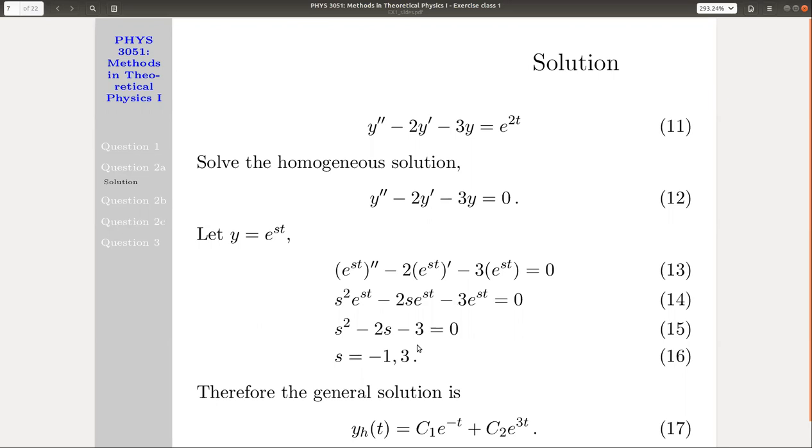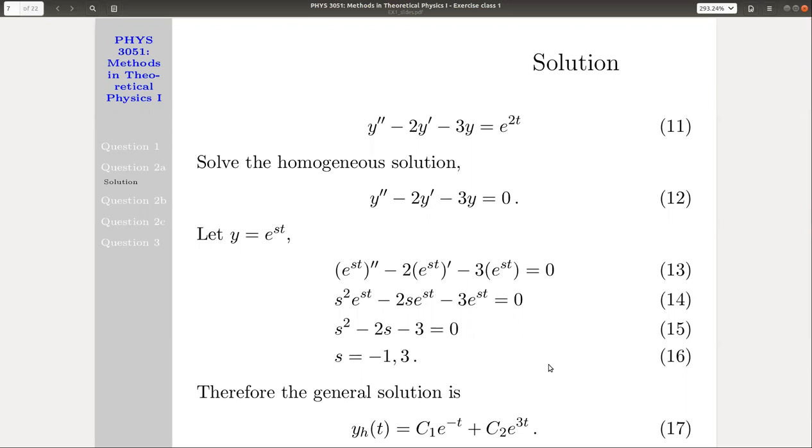After solving it, you should find s equal to -1 or 3, and therefore the general solution takes the form C1 e to the power minus t plus C2 times e to the power of 3t.